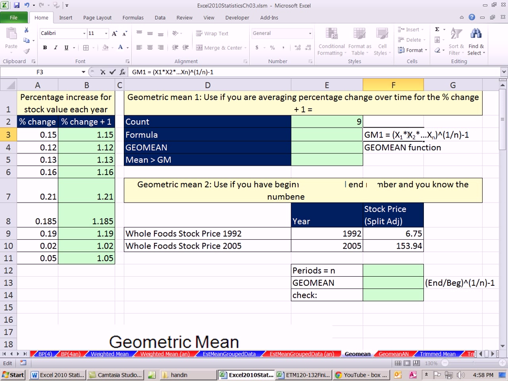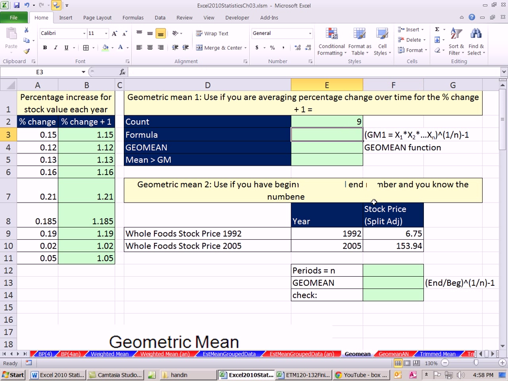The first one is multiply all of our 1 plus the changes, and then we have a caret. And there's no 10th root function in Excel, so we have to remember algebra. If we raise a particular number to 1 divided by some number, that is the same as taking the nth root. So this is going to be an exponent that's also division.